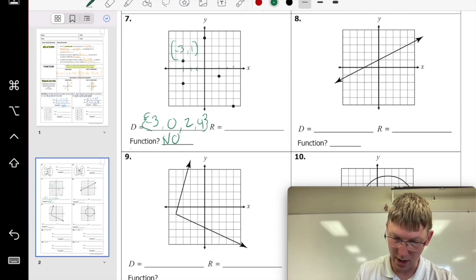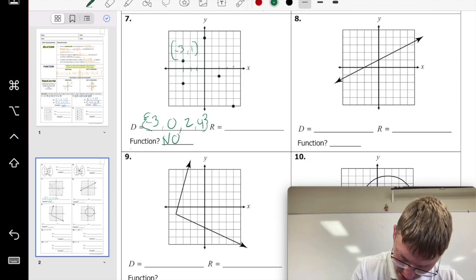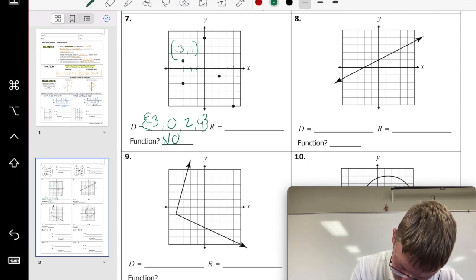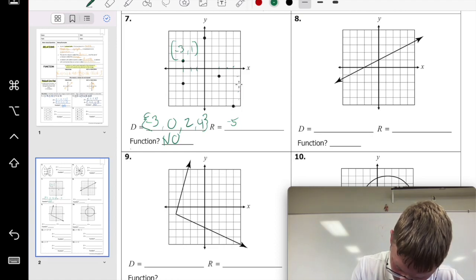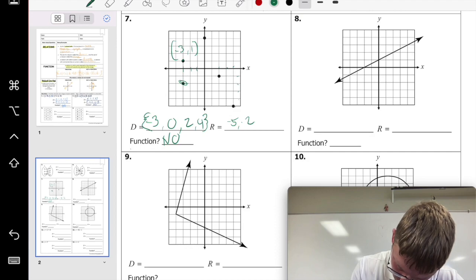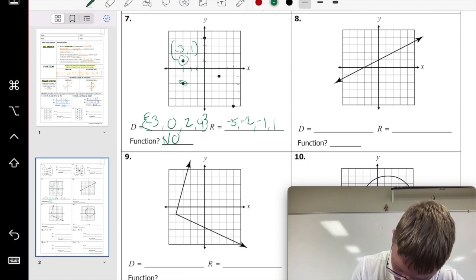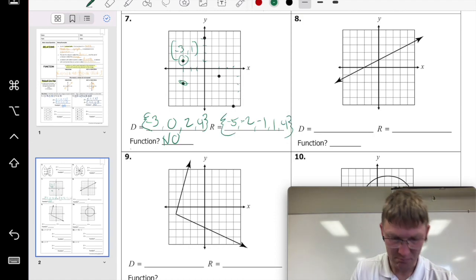So let's just start from the bottom and go up. This one down here is -1, 2, 3, 4, 5. Then we've got -1, 2 for this guy. -1. That is 1. And then this one up here, 1, 2, 3, 4. There you go.